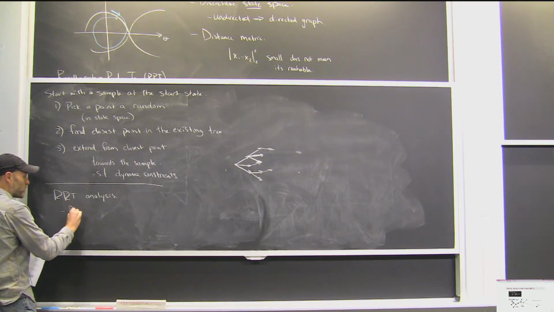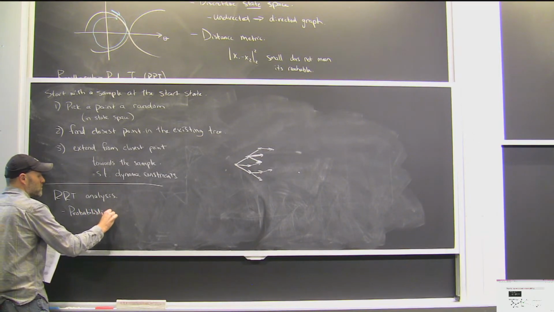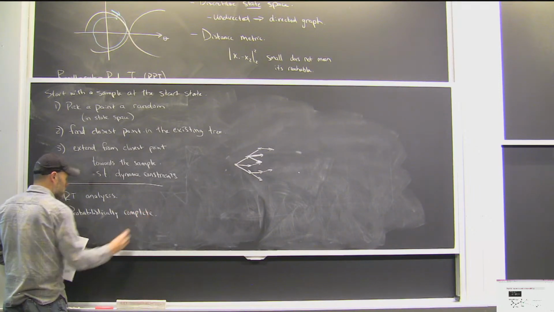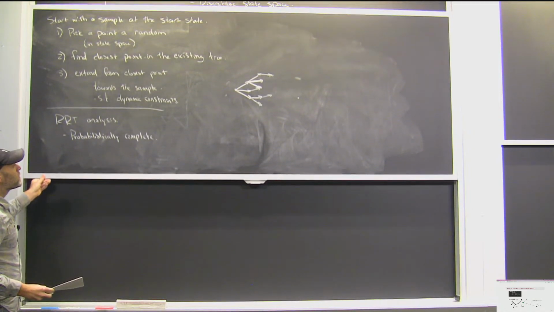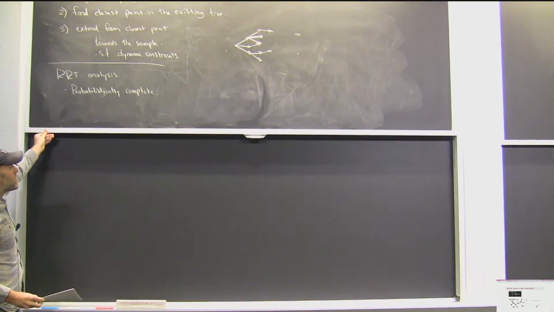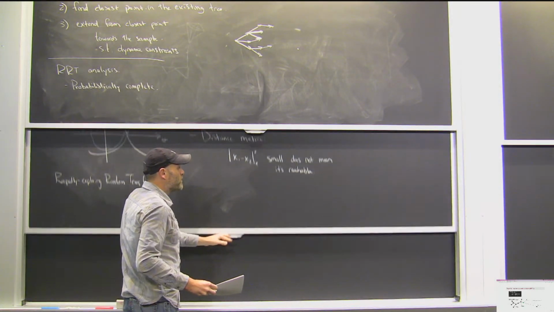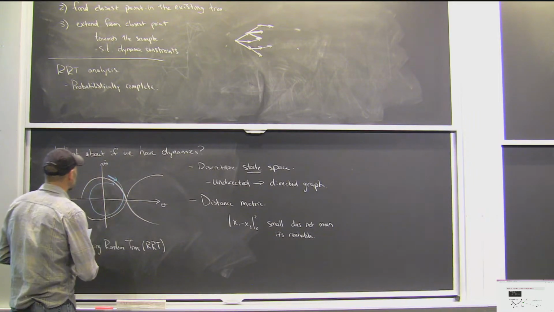It's also probabilistically complete. But what's impressive about it actually is a very important property, which is called the Voronoi bias. Okay?